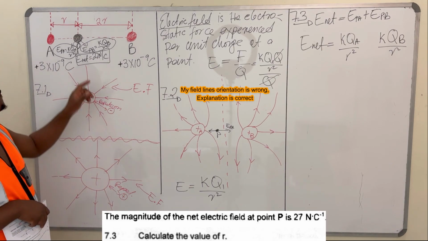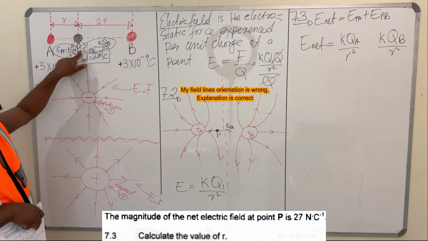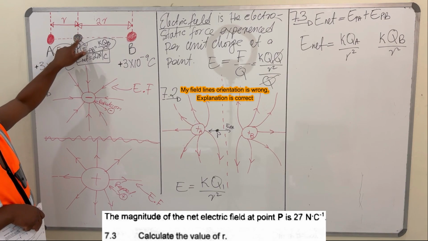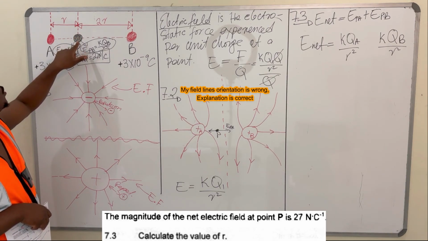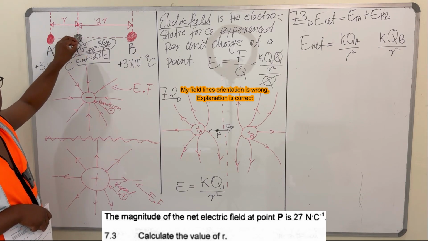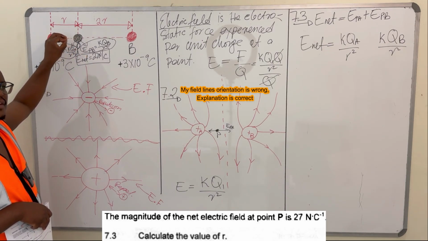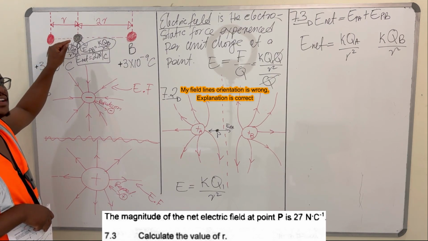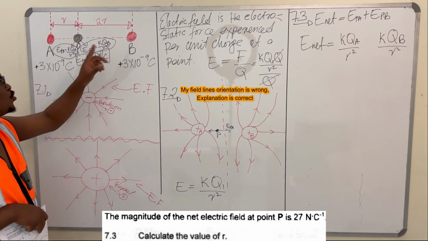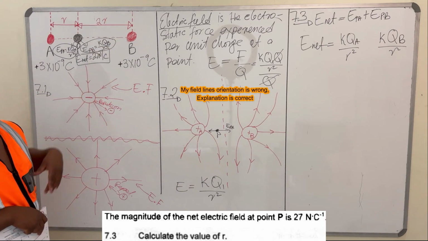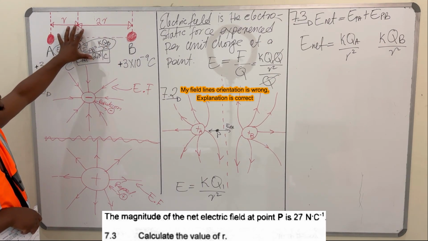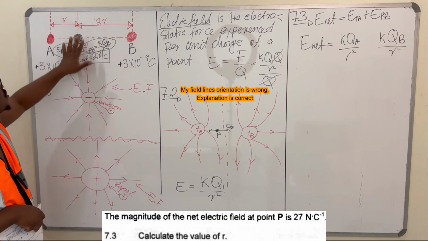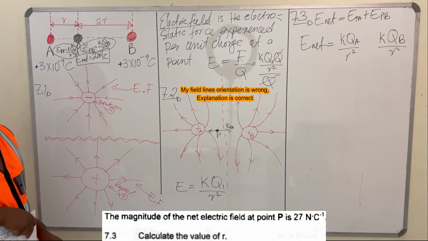But because P is close to A, there's a stronger electric field at P due to A than that due to B, because B is a bit further. So the influence of the electric field lines is a bit weaker here at P.